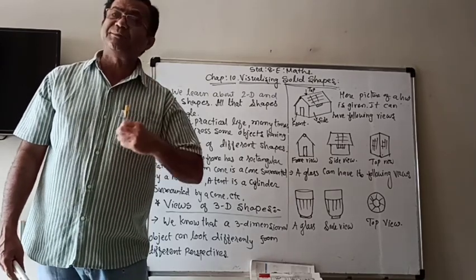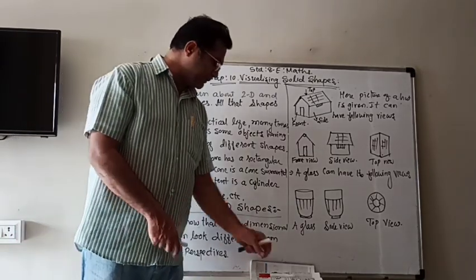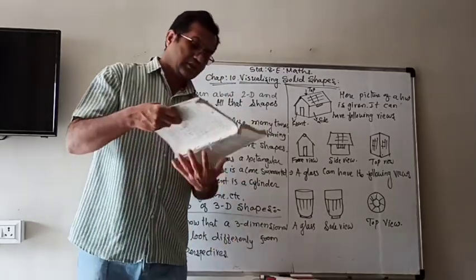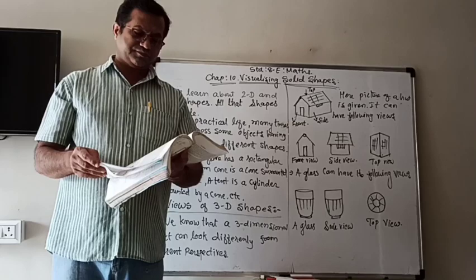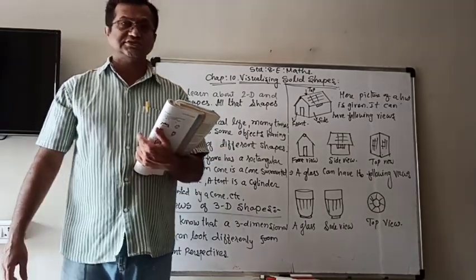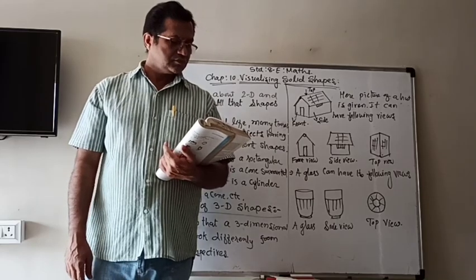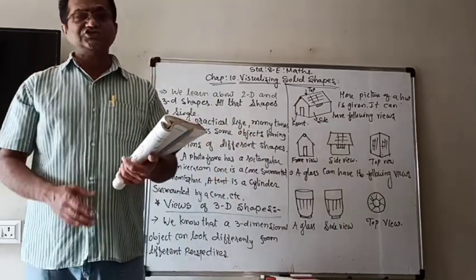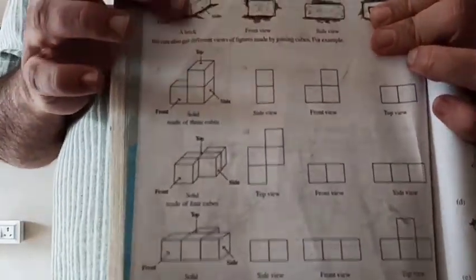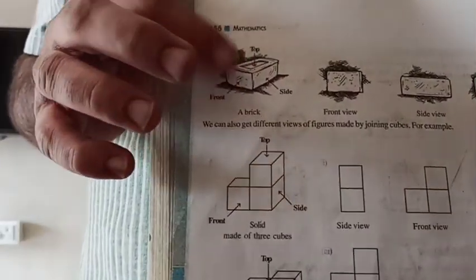Similarly, if you take a brick, for example, as given in the book, a brick that we use to build houses, it is also visible like that. This is the brick.